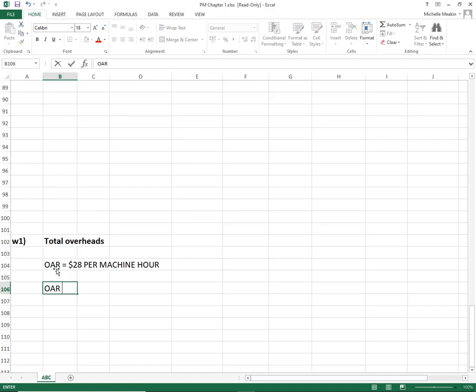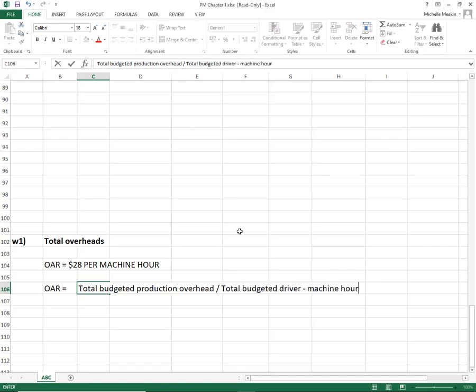Remember, OAR, overhead absorption rate, is equal to your total budgeted production overhead divided by your total budgeted driver. In this question, that is machine hours.